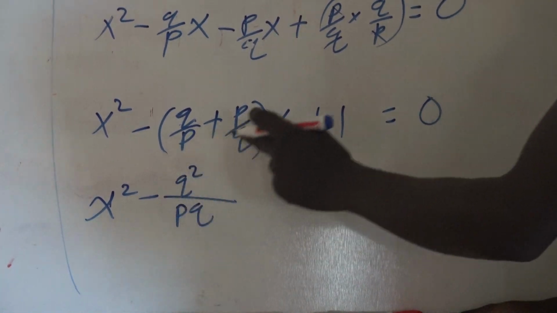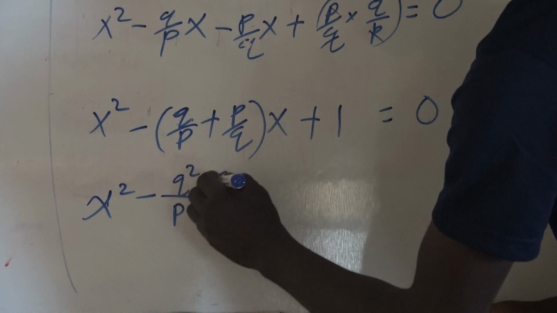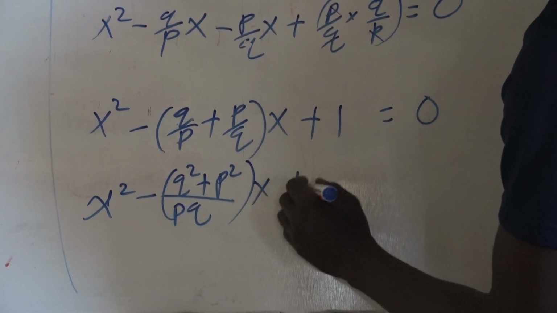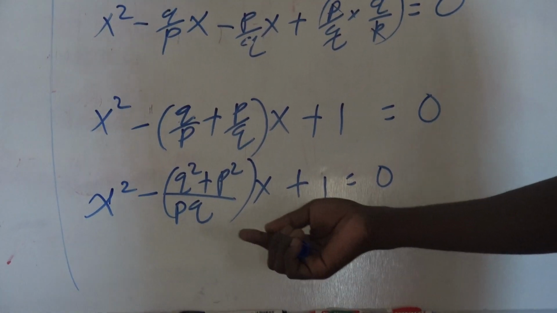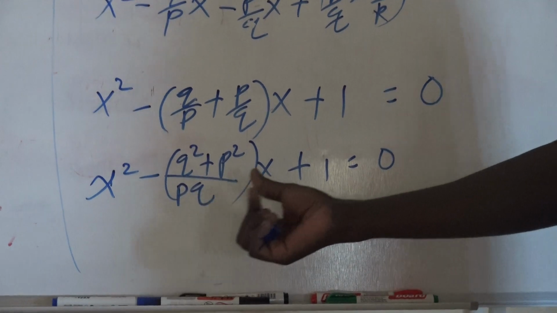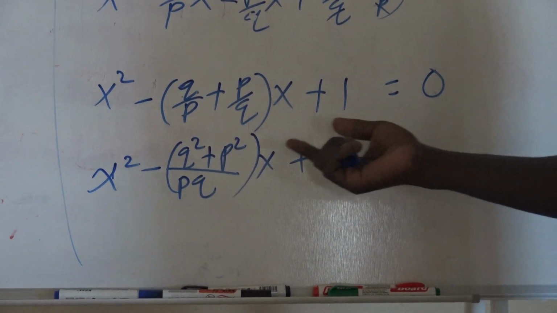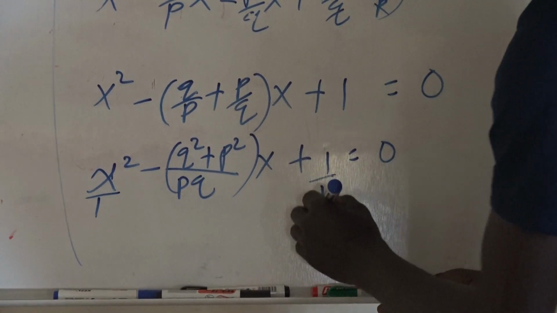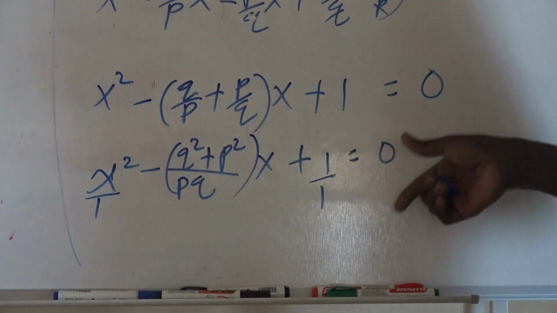Also this one divided by this gives P times that, which is plus P squared. So times that value of x plus 1 equals 0. Now we are there. Don't leave your answer like this. You have to first deal with this denominator. So we make this one out of 1, also this one out of 1, and we get the LCM again on the whole equation.